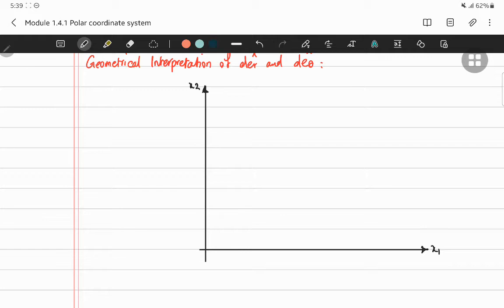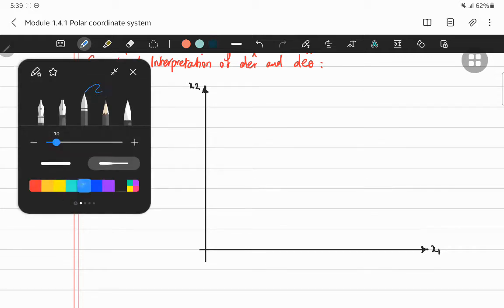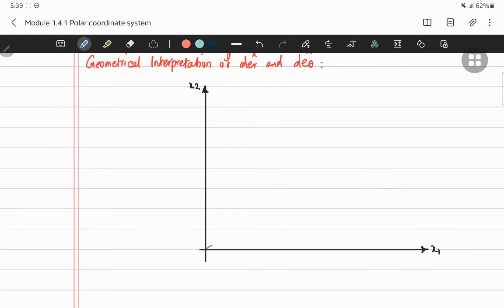For example, let's say this is the first point here. So this is r, and this is, of course, theta.